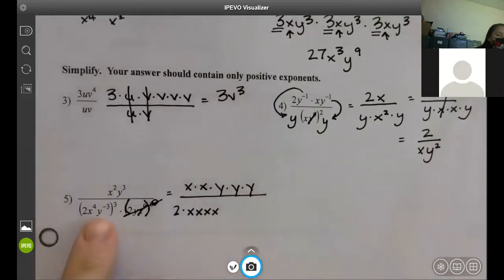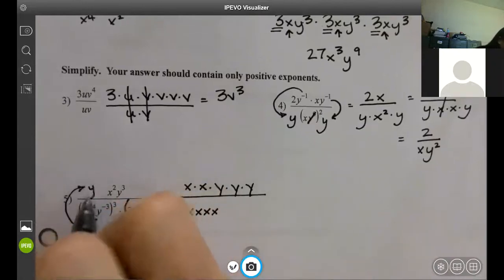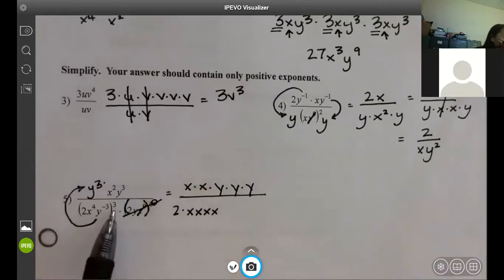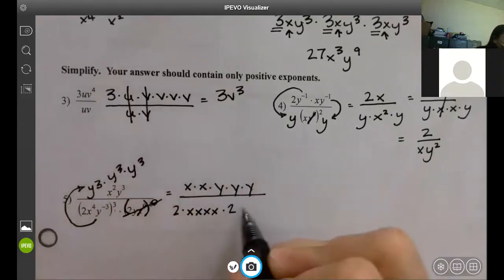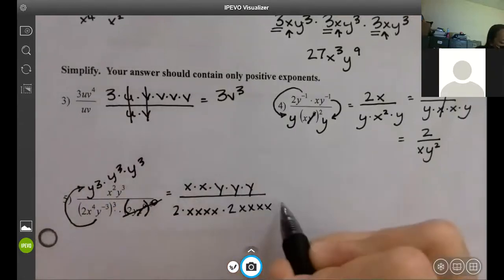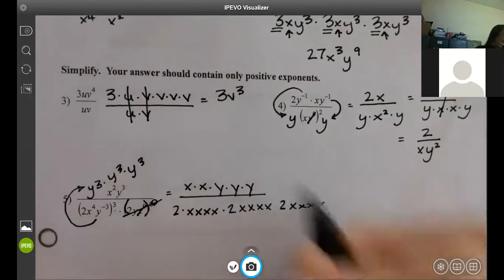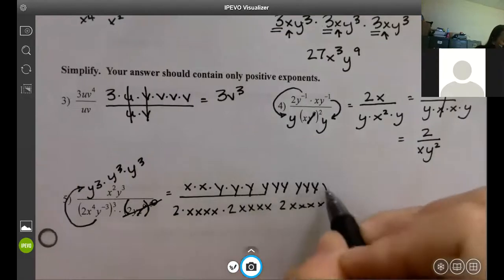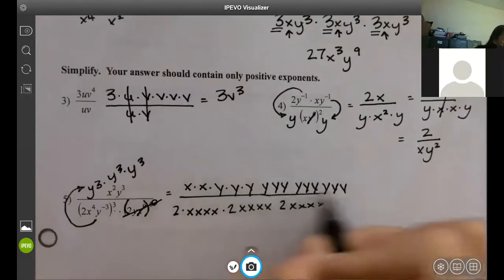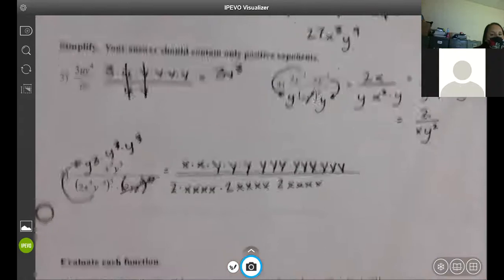What do I do with this y to the negative third? Move it up. But how many of those do I have? What's the power tell me? 3 times. I also have to do this 3 times. So y, y, y, y, y, y, y, y, y. Looks crazy, right? Not too bad.